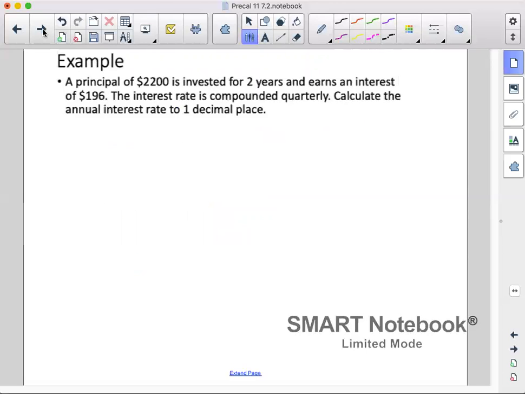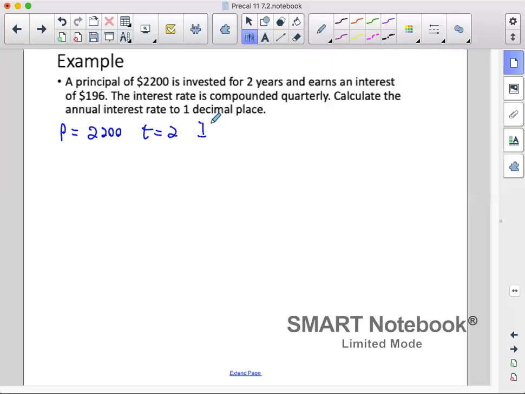Next example, a principal of 2,200 is invested for 2 years and earns an interest of $196. The interest rate is compounded quarterly. Calculate the annual interest rate to 1 decimal place. We know our principal, which is 2,200. We know our time is 2 years.